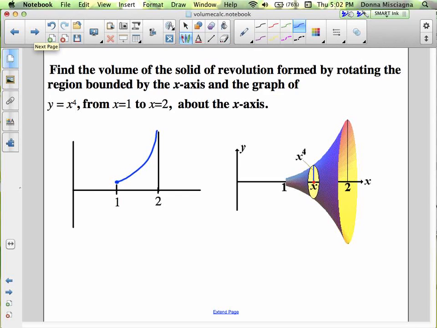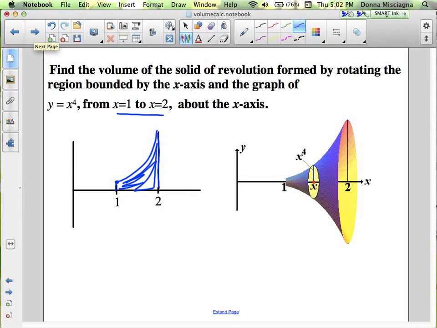And this one here, we're going from 1 to 2. It is bounded by the x-axis and the graph of y equals x to the 4th. This particular one, it's this part here. This is what we're revolving, this area under the curve.